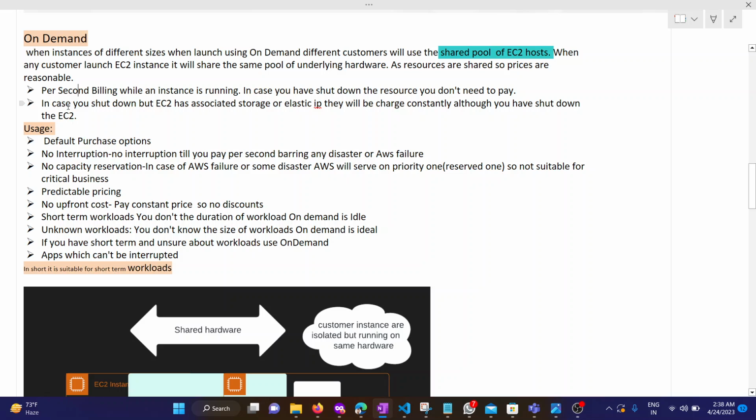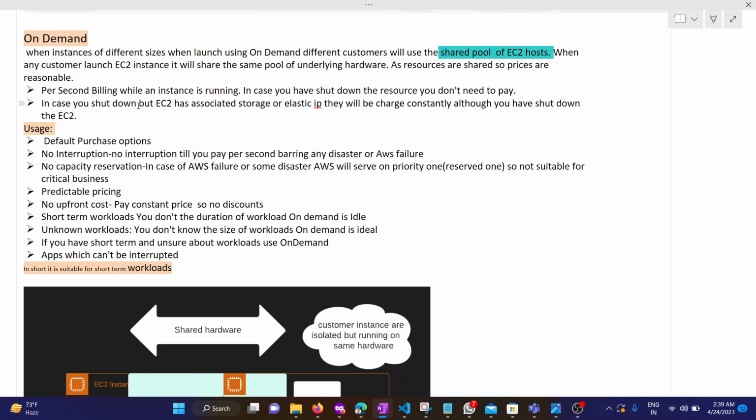Another point, suppose you have created an EC2 instance and attached a volume there, or assigned an elastic IP there. If you have shut down your EC2 instance, that elastic IP cost or that storage cost will be constantly charged. Hope that is clear.